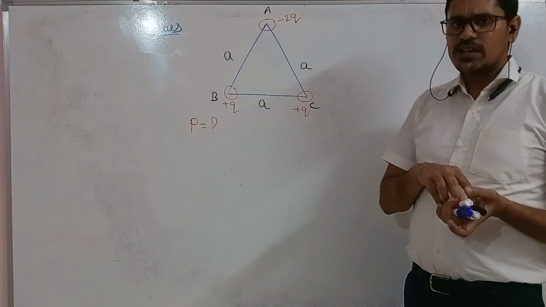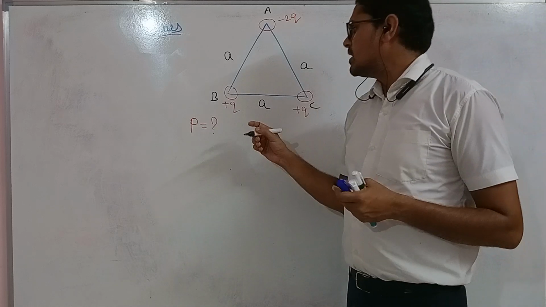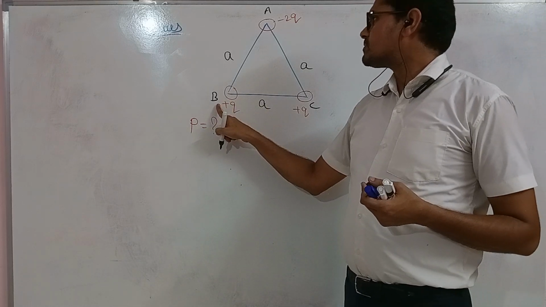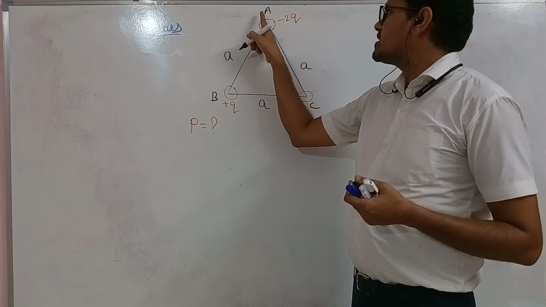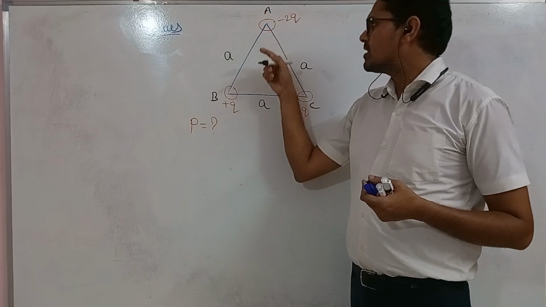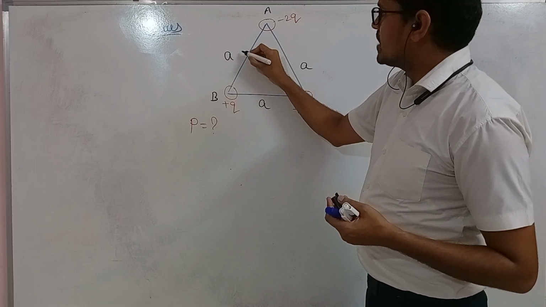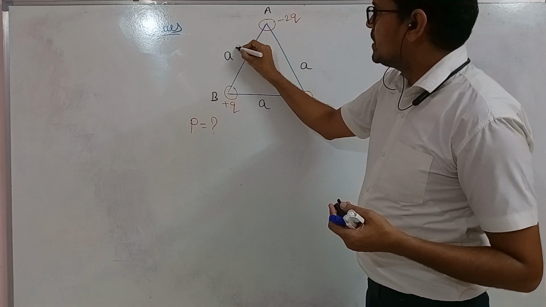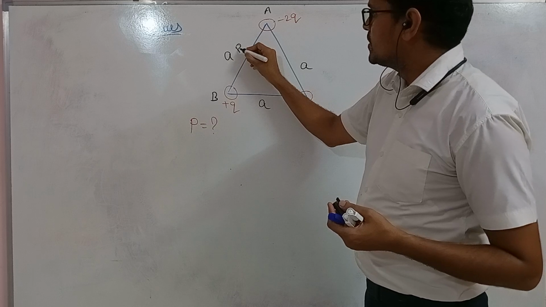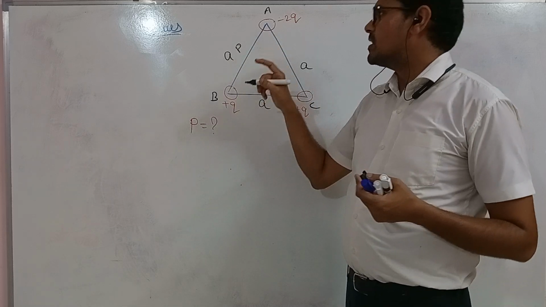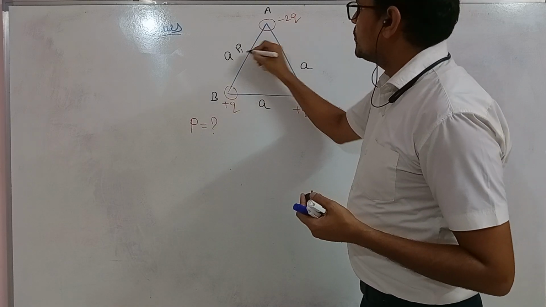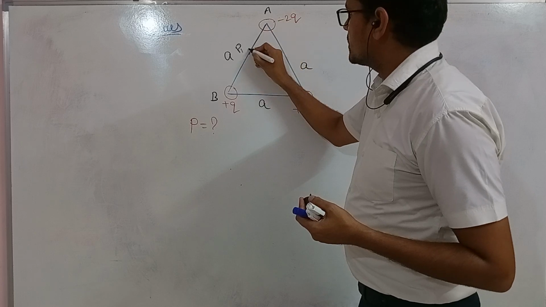Let's decide the direction first. Let us suppose the charge at point B and the minus q charge at point A make a dipole from negative to positive. Let's say this dipole is P1. P1 is the dipole due to the charge at B and the charge at A. So P1 would be directed from negative to positive.